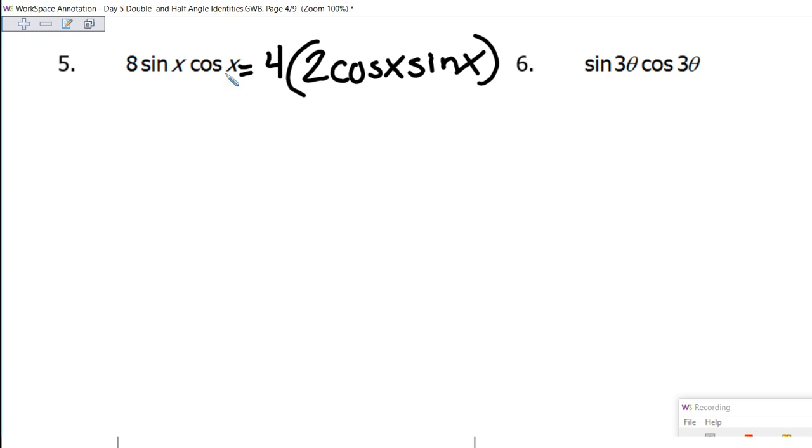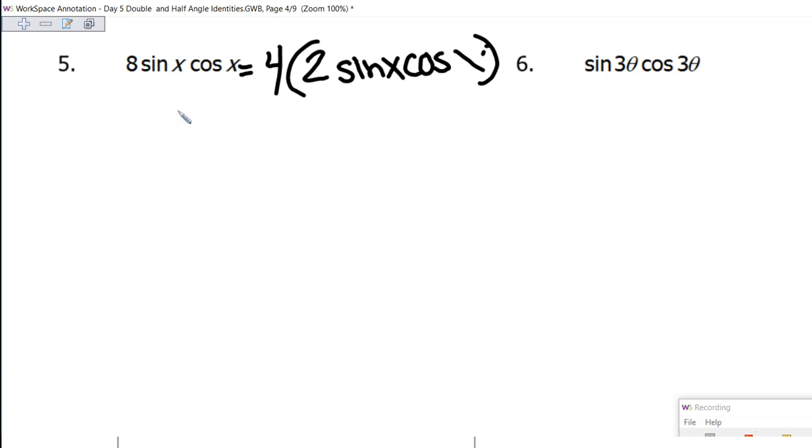Doesn't matter which way you put the sign. Technically it doesn't matter, but I'm going to use the same as your formula, which has it written as sine x cosine x. Technically it's right either way, but I'm going to make it look like your formula.